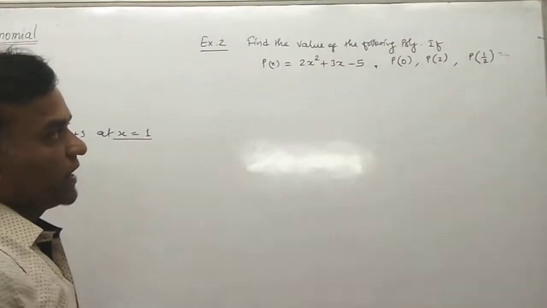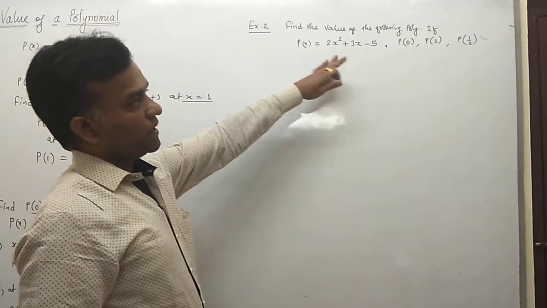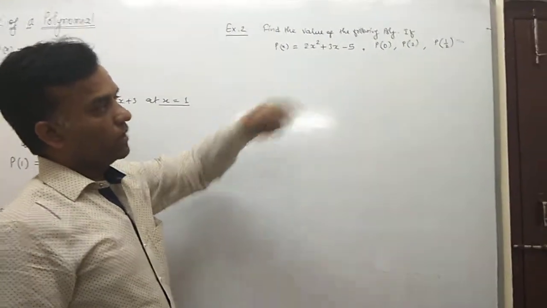So find the value of the following polynomial if this, and then p of 0, p of 2 and p of 1 by 2.